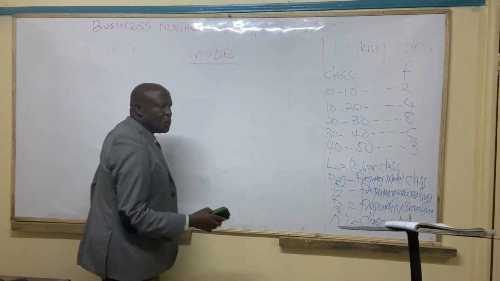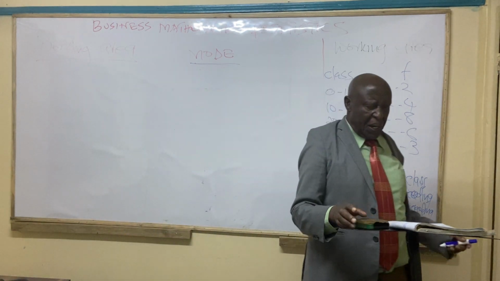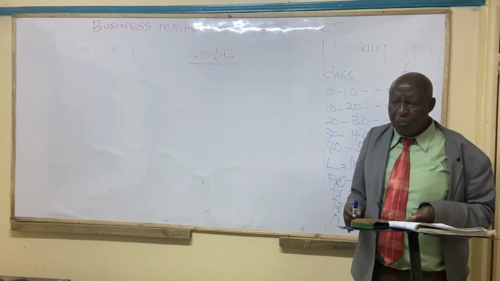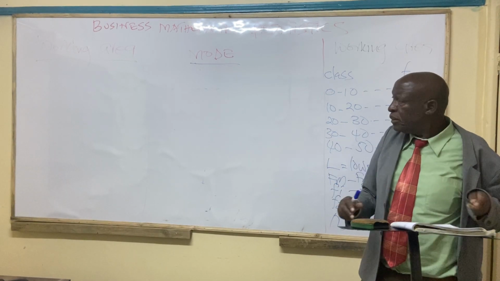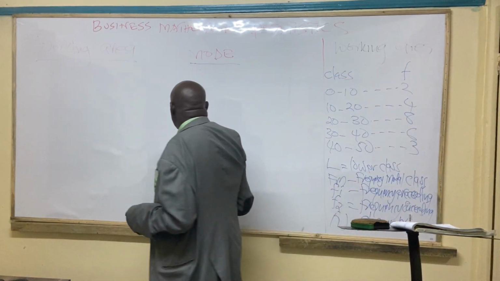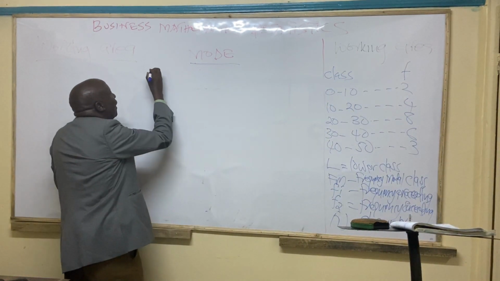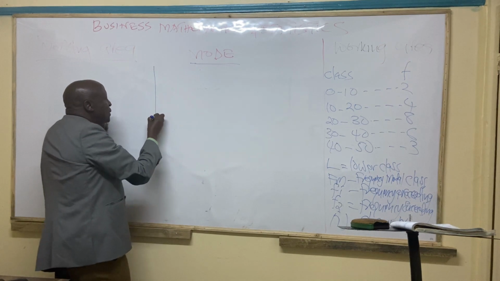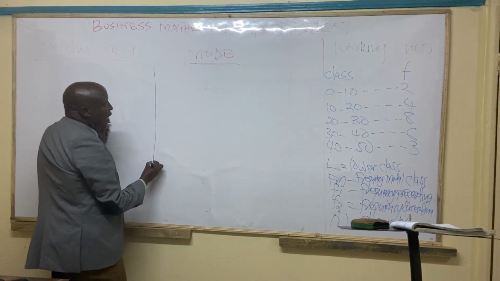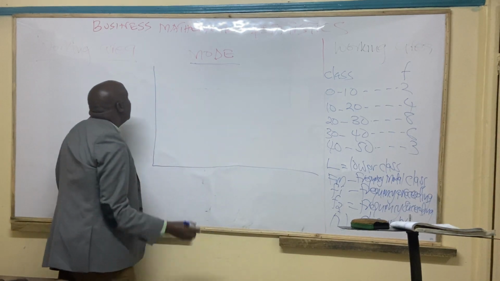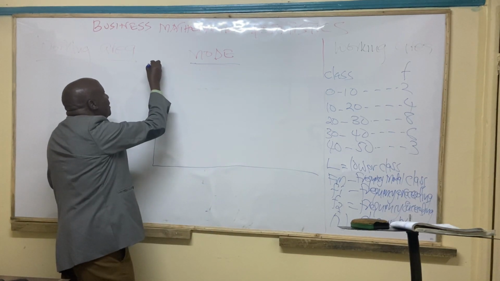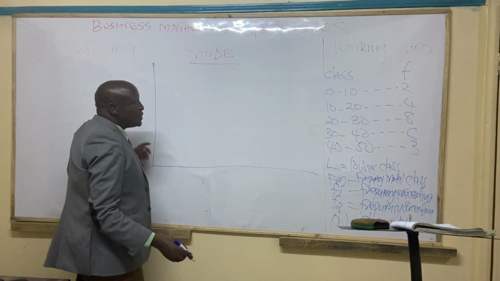This is what we are going to do. We will draw a histogram here. A histogram is drawn this way. This is our x, y-axis.